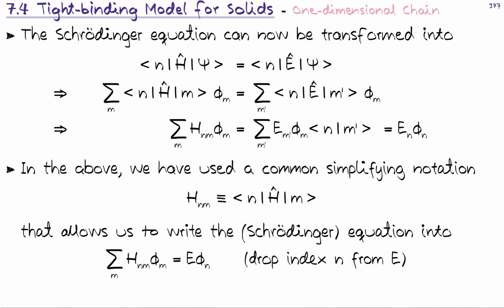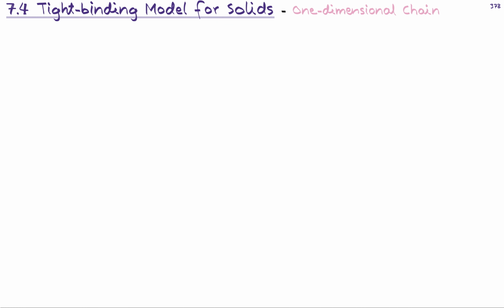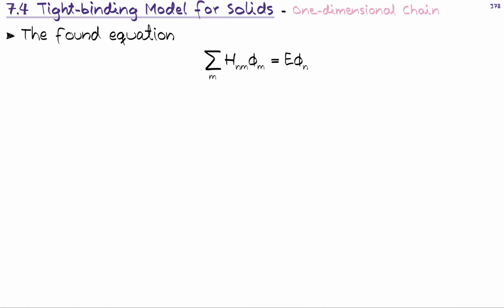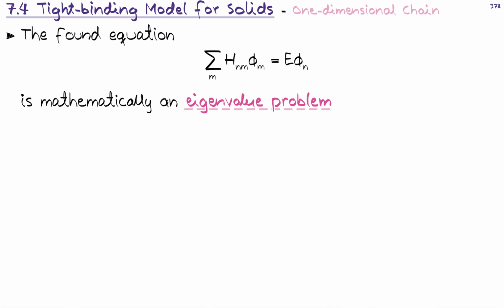So essentially we drop the index n from the energy because we don't need to have that specifically there. We have a single orbital in this case, so we don't really need to label the energies that accurately. So we have the equation, and this is mathematically an eigenvalue problem, and that's always a nice thing for a physicist to see, because now we know how we can actually solve this.